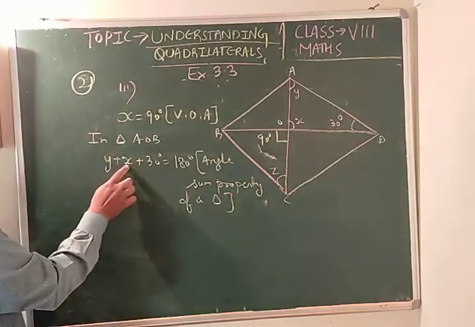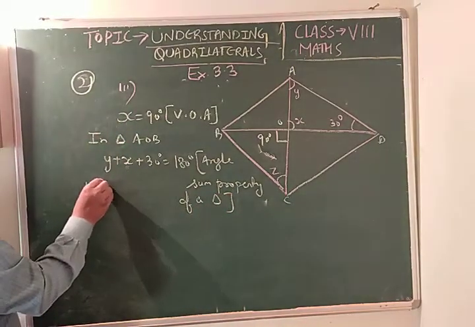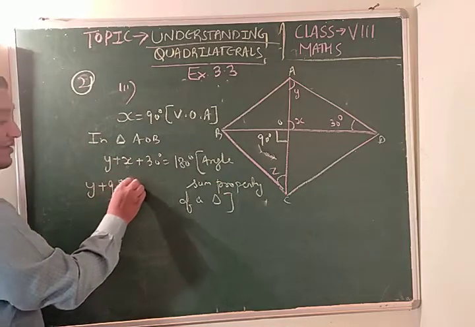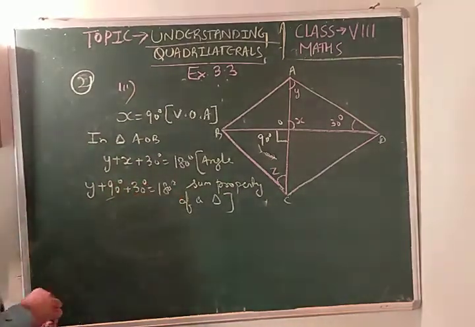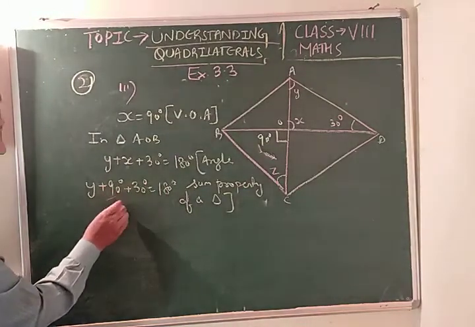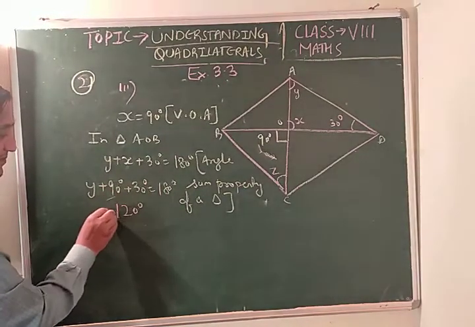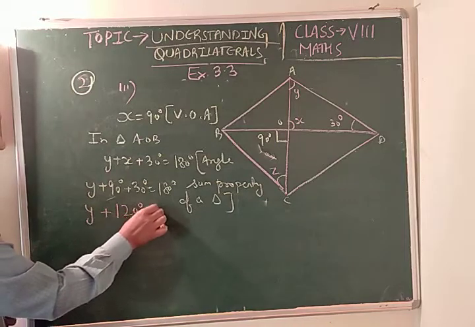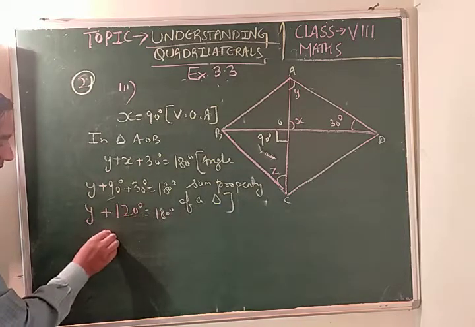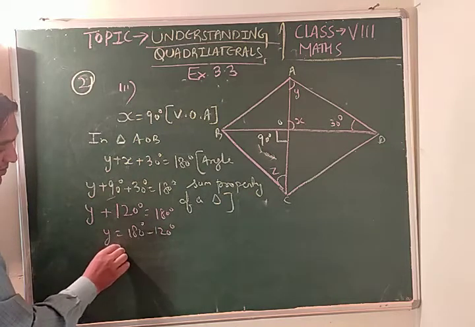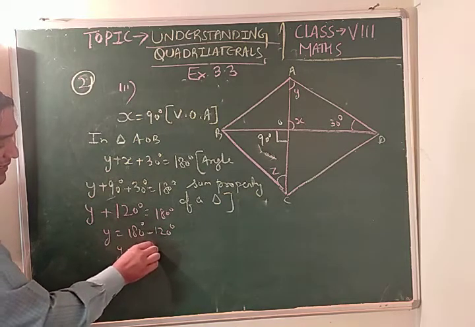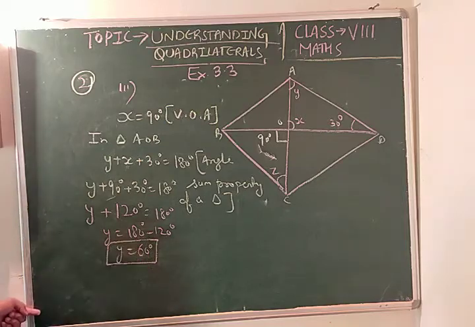Now we know that the value of x is 90 degree and this 30 is given. 90 plus 30 is 120 degree. So the value of y is 180 minus 120. Y is 60 degree.